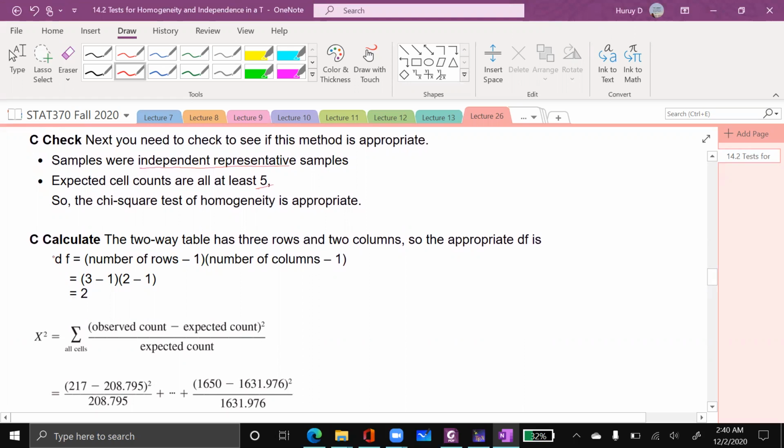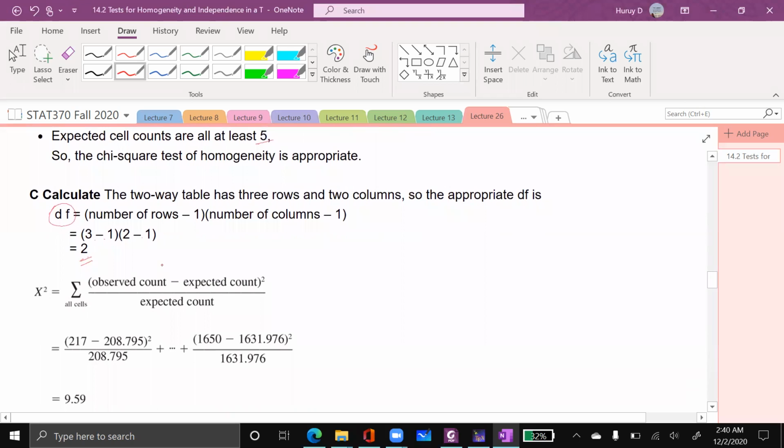And then the calculation. We need to find the degrees of freedom, given by number of rows minus 1 times number of columns minus 1. 3 minus 1 is 2. 2 minus 1 is 1. So 2 times 1 is 2. So we have degrees of freedom equals 2.